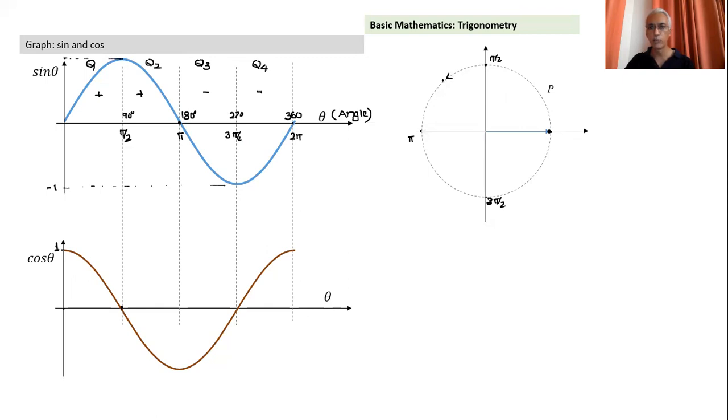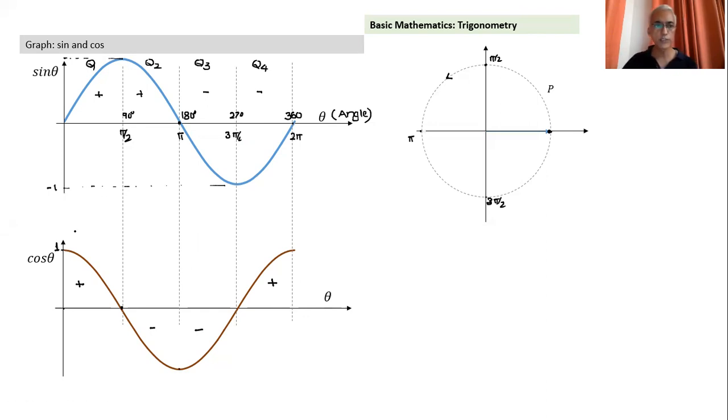The value is getting more and more negative, and when the angle is pi radian, it has become -1. And this is the corresponding part of the cos theta curve for Q2. So again, this is Q1, Q2, Q3, Q4, same as earlier. You notice Q1 is positive, Q2 is negative, Q3 is negative, and Q4 is positive again, which we had seen twice in the previous slides.